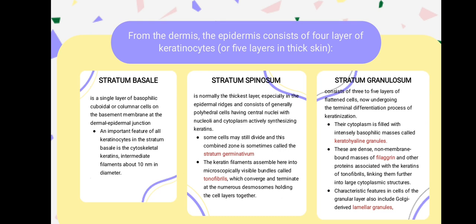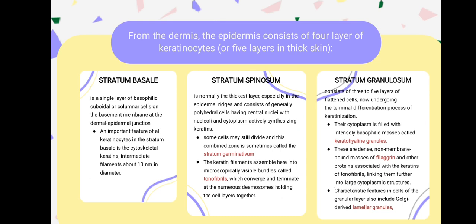Third is the stratum granulosum, also known as the granular layer. They consist of 3 to 5 layers of flattened cells now undergoing the terminal differentiation process of keratinization, where their cytoplasm is filled with intensely basophilic masses called keratohyalin granules.